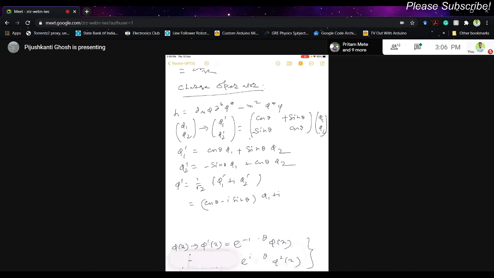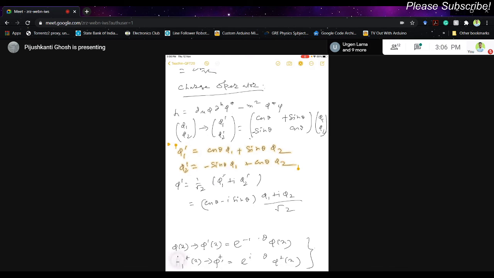Can you see this? phi 1 prime, phi prime, so 1 by root over 2 phi 1 prime plus i phi 2 prime. So I am adding phi 1 prime here to phi 2 prime here. Okay, so I'm adding these two.